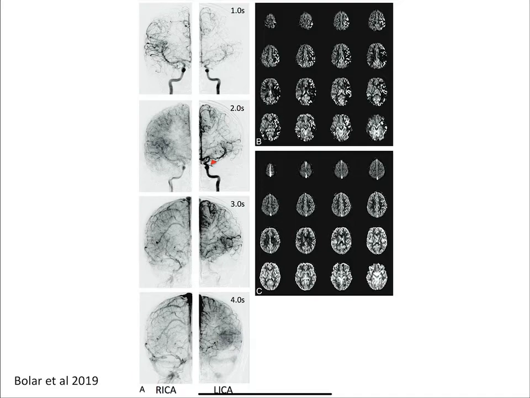So this is an example in a moyamoya patient, and these are angiograms showing blood flowing in. So you see at 1 second, a lot of the blood is doing well here, but there's obviously impaired delivery on this side. Okay, and you can sort of see here in the CBF maps done with conventional ASL, there's these big deficits in blood flow because the blood is still stuck in the arteries.